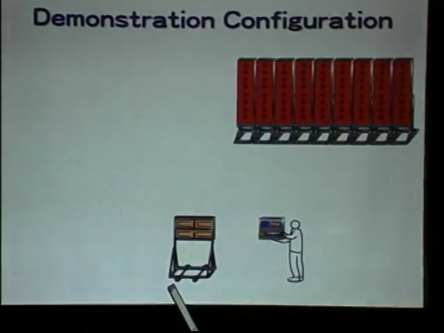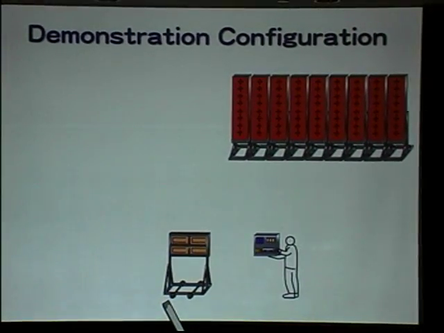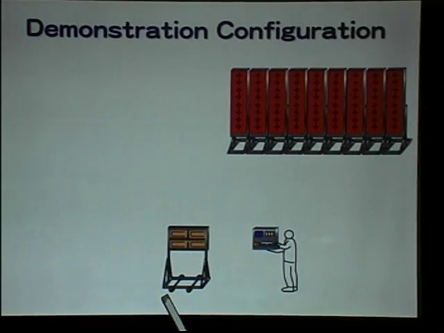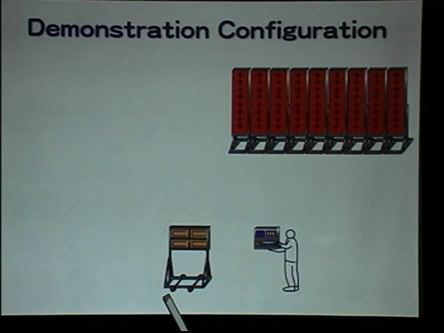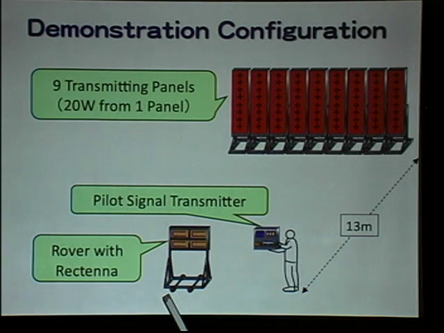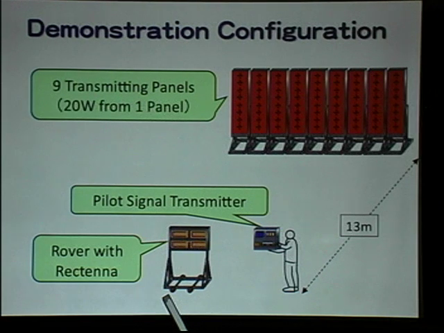I want to explain our demonstration. This is a transmitter for the pilot signal. And this is just a rover with a rectenna. The rectenna is connected to a small motor, so when the rectenna receives the microwave power, it can drive this small rover by the electric motor.